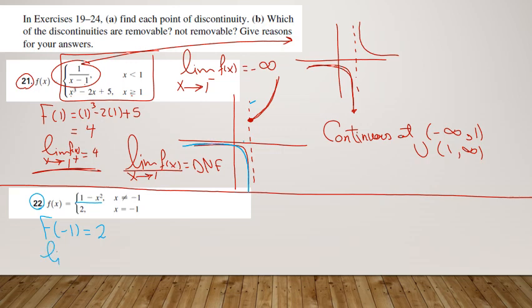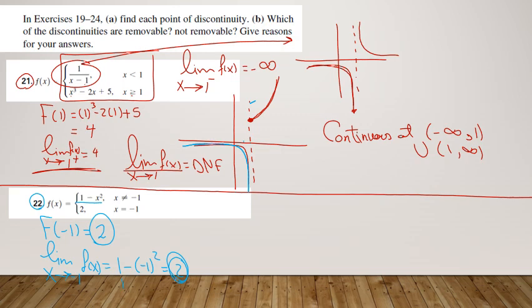So if I wanted to find the limit as x approaches negative 1 for this function, I'm going to replace x with negative 1 here, which is equal to 2. So the function is equal to the limit. And since the function is equal to the limit, so this function is continuous at x equal to negative 1. Sorry, I have a mistake here.